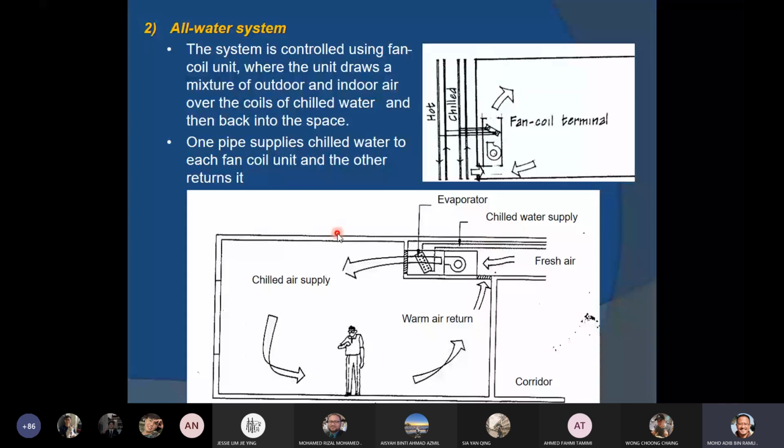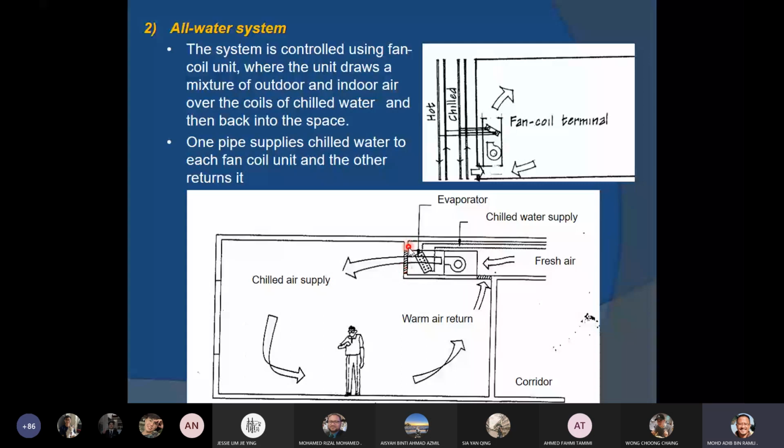Okay, and then this is the system that you normally see in hotel rooms, if you have been to a hotel room. You would notice that most of the time the aircon is located right above the doorway.